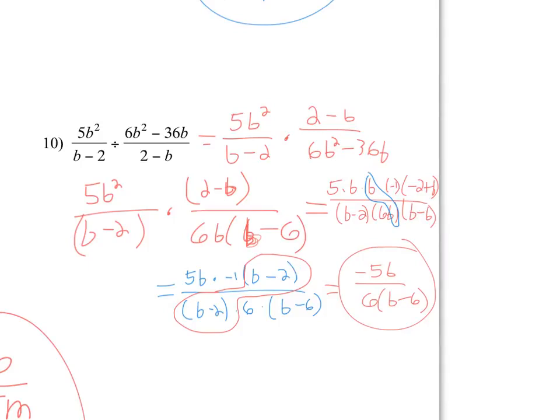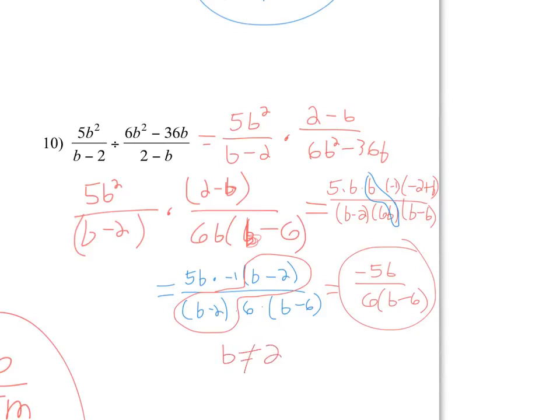Well, this is riddled with things that can't be 0. So I'm going to look through. B couldn't be 2. B couldn't be negative 2. B can't be 2, and b can't be 2. Oh, hey, same value. So I only really need to write it once. So b can't be 2.